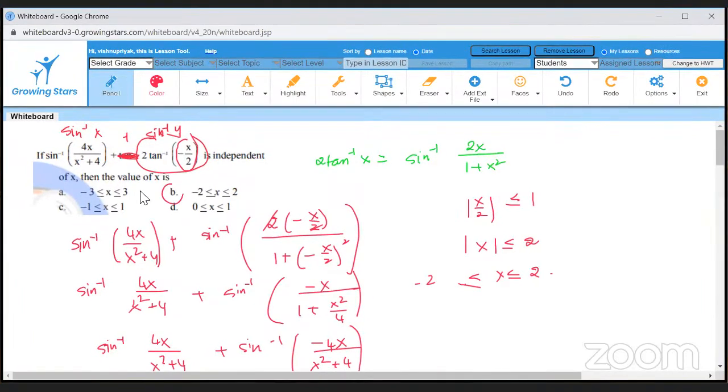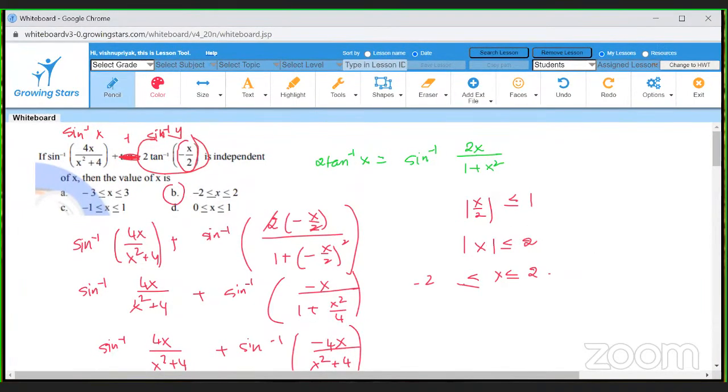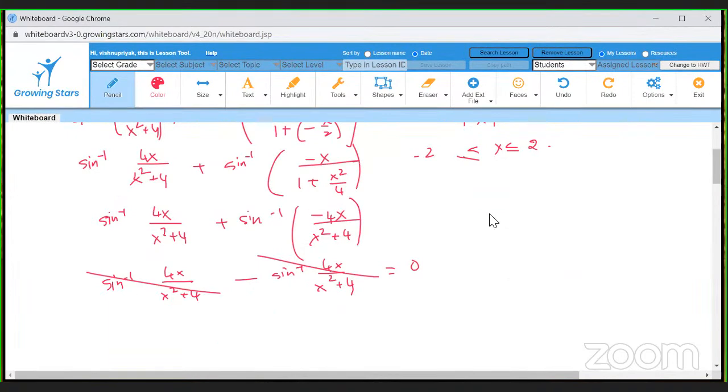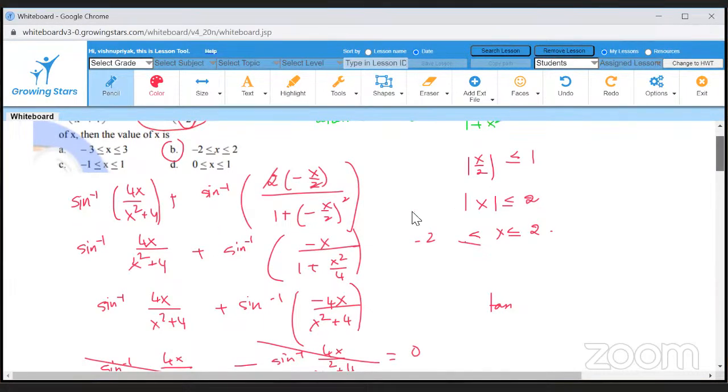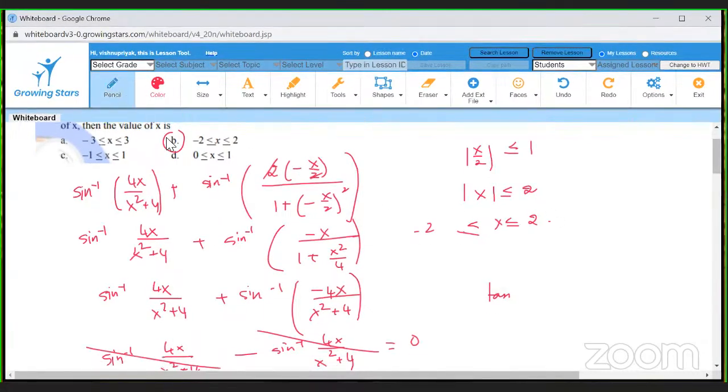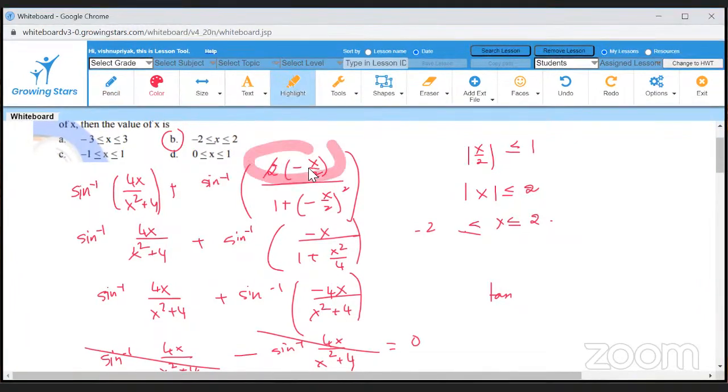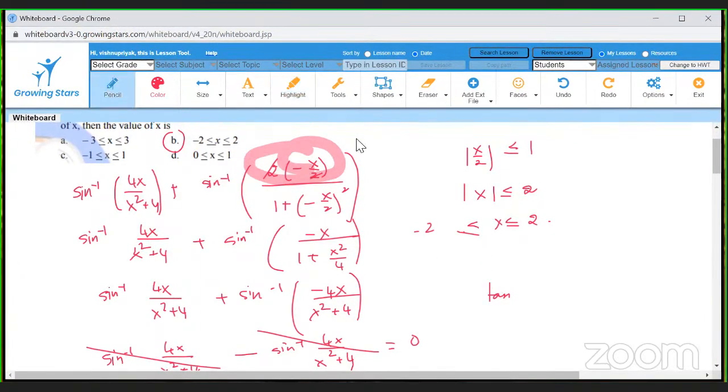That is the option. Why should it be like this? In the properties you can see. In case of tan or sine, whatever it is, in case of sine also you can write mod of x by 2 should be lesser than or equal to 1.